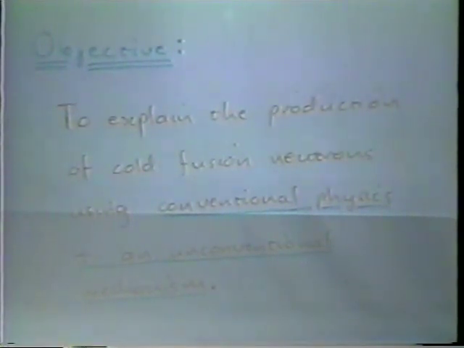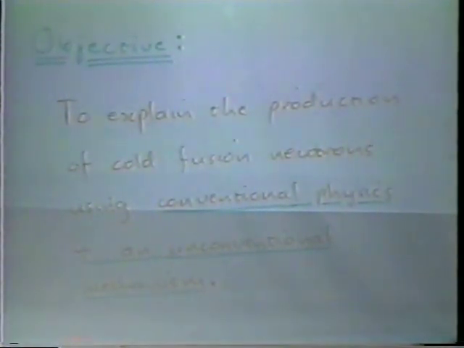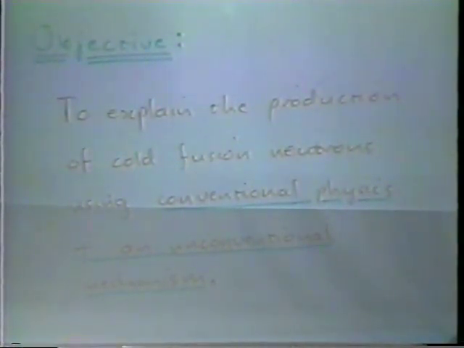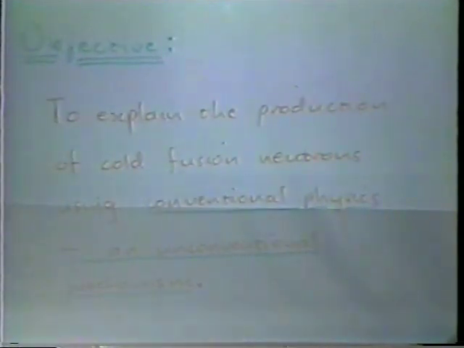In the collapse of perhaps cavities within palladium, it may be possible to achieve very high temperatures and pressures for short periods of time, achieve at least lukewarm plasma conditions with temperatures of the order of perhaps 10 electron volts. And would it then be possible, perhaps within another unconventional mechanism such as screening, to achieve the required fusion rates?